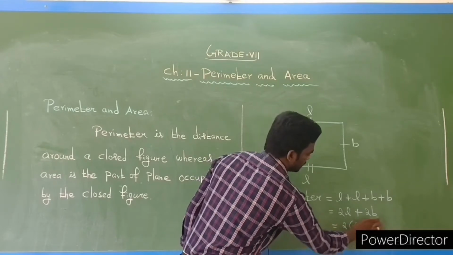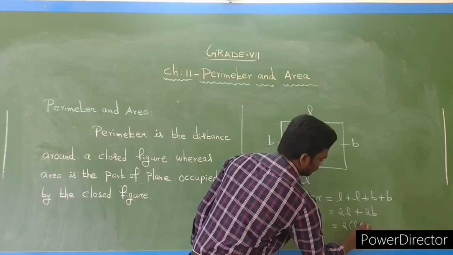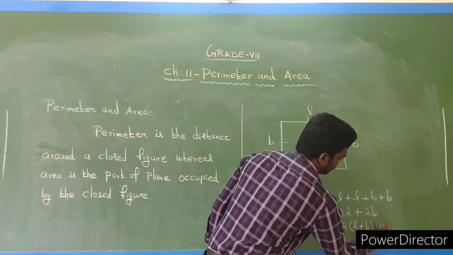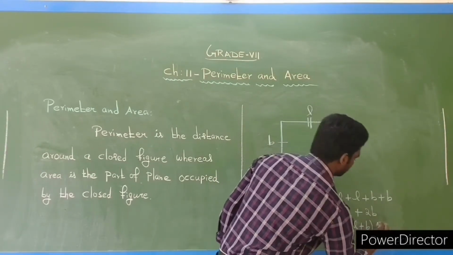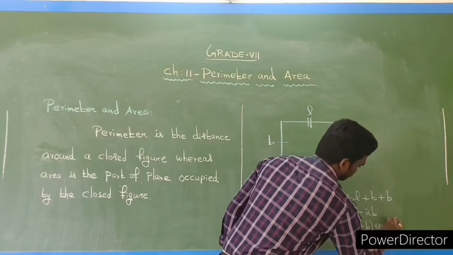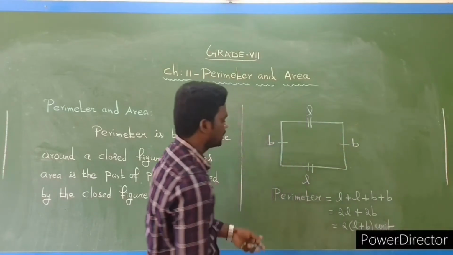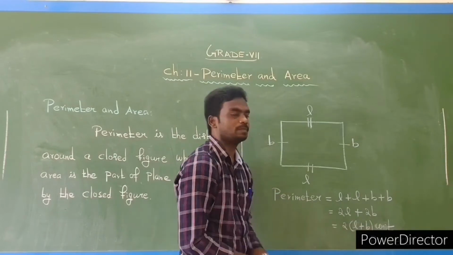So, the remaining value is L plus B unit. So, the perimeter of the rectangle is 2 into (L plus B) unit.